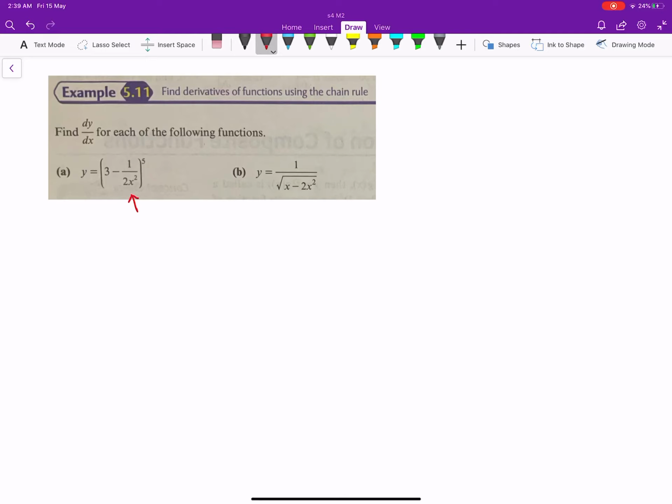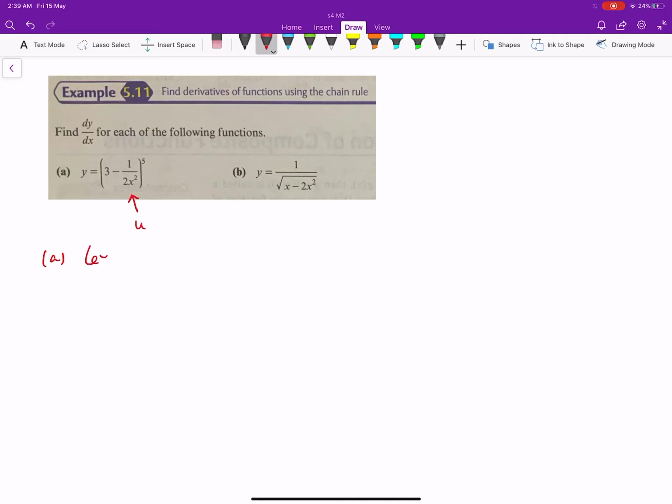So this is not a traditional function which you learned before, because this is not simply like x to the power 5, but the x now becomes another complicated function. So you may treat this as u.